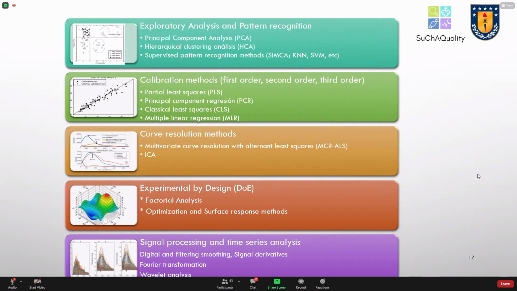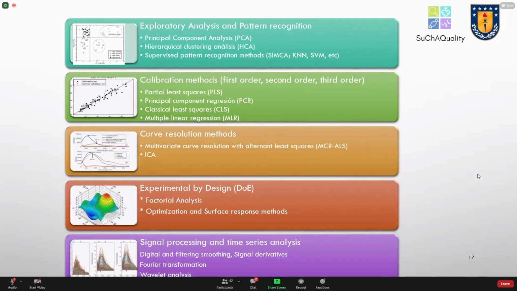And we can divide the methods in many groups. I have a division in 5 groups. The first group corresponds to the exploratory analysis and pattern recognition methods to obtain classification or classes of samples, to assign a class to a new object.